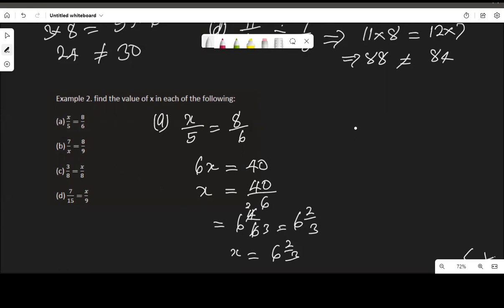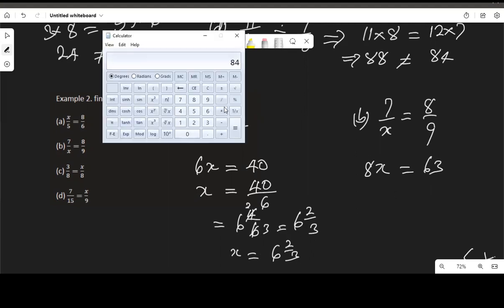Then for the b part, let me do b here. I have 7 over x equal to 8 over 9. We cross multiply to get the value of x. x times 8 is 8x, and 7 times 9 is 63. Let me confirm that, 7 times 9. Yeah, got it.